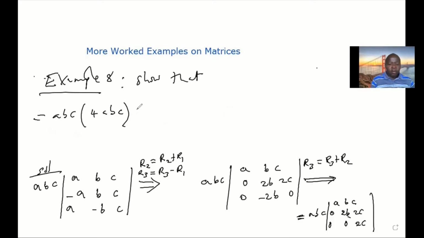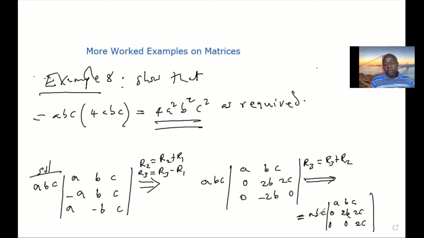When you multiply this out, what you get is 4A squared, B squared, C squared, as required. This is what we wanted to show. I've just used row reduction.